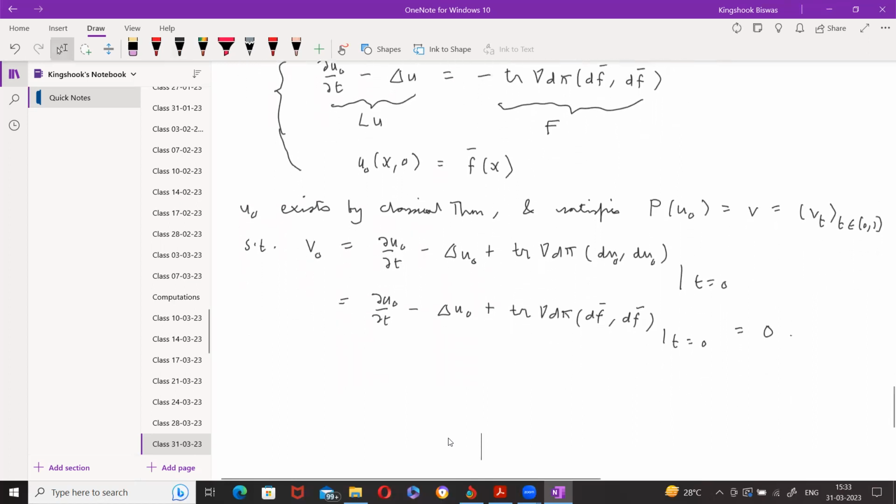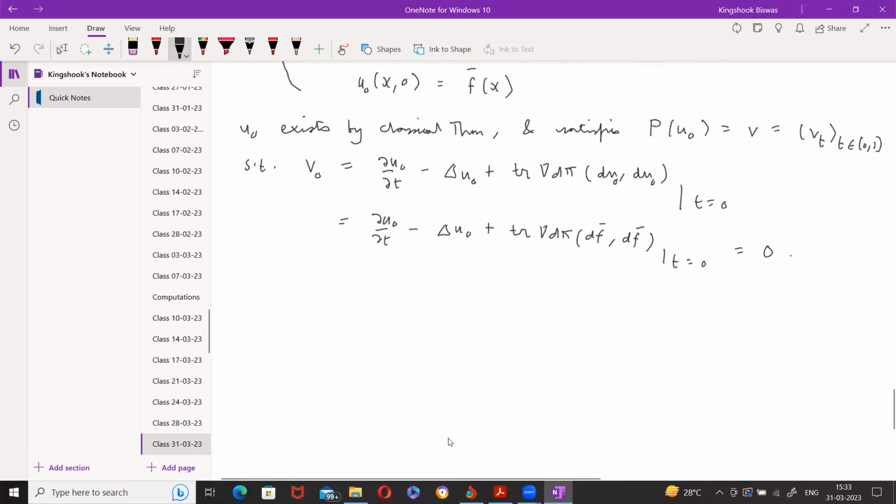Here is the next crucial step, step 2. Let V be an element, which I'm going to write as a curve V_t, t in [0, 1], a curve in the space of maps from M to R^Q.